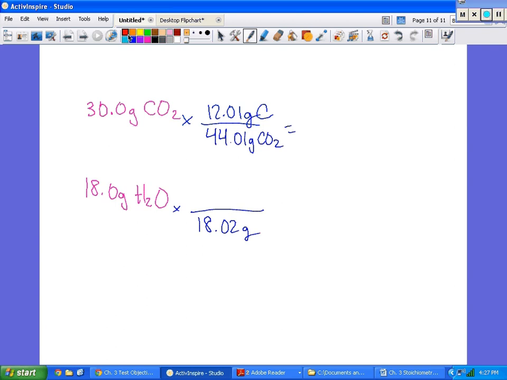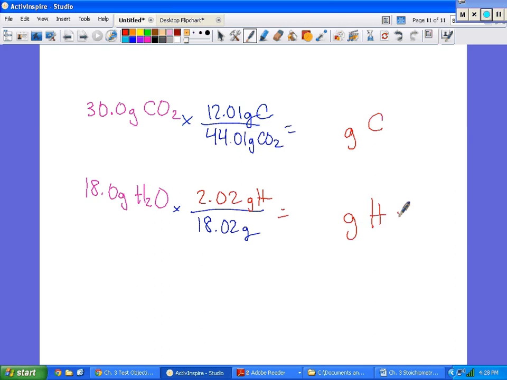That's all I'm asking you to do. If you know that water is 18.02 grams, how much of that 18.02 was because of the hydrogens themselves? 2.02. That's it. That's how you get the mass of carbon, so grams of C, and that's going to be grams of H. You with me?